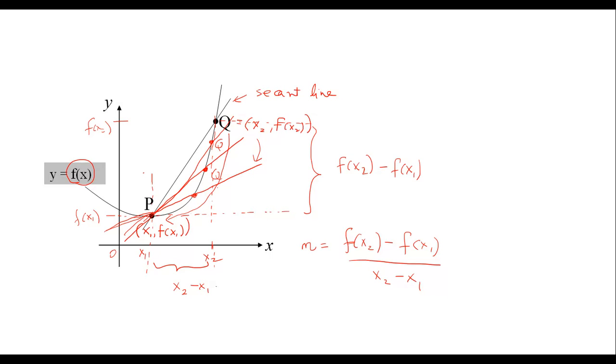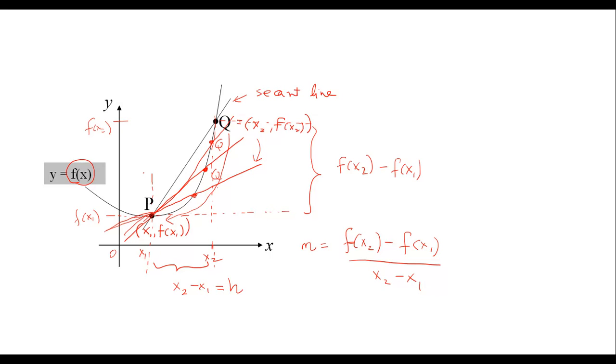To make things easier, I introduce another variable, another constant, h. For example, h represents the distance between my x2 and x1. Doesn't matter whether your secant line is quite far away, or your distance between your PQ is a little bit closer to each other, because x will change accordingly.